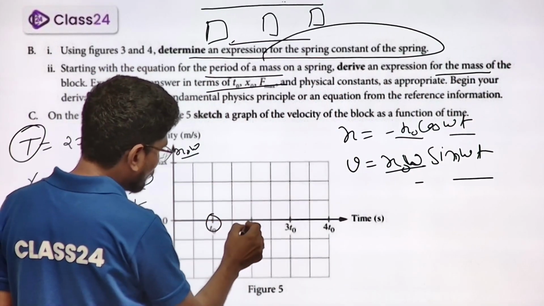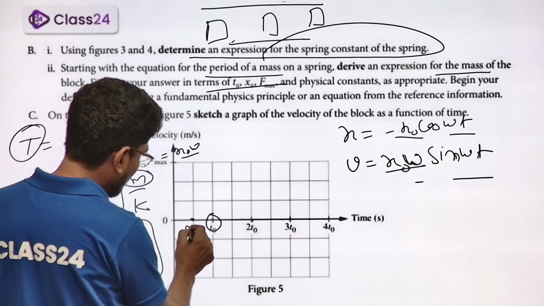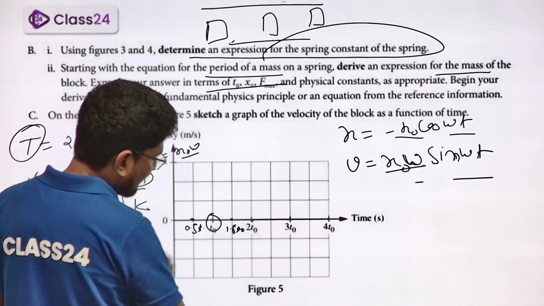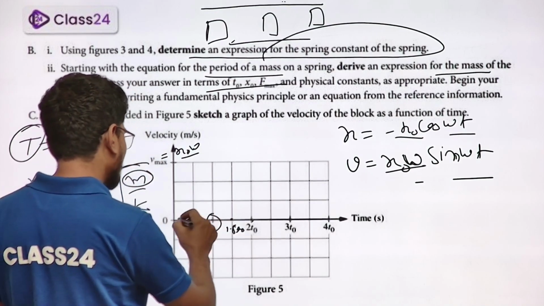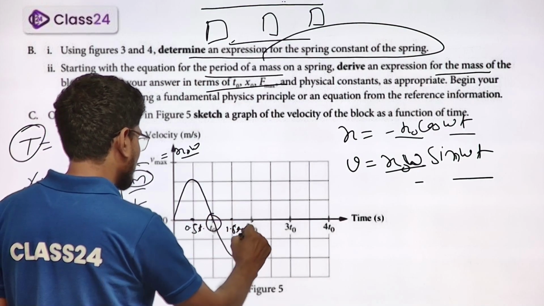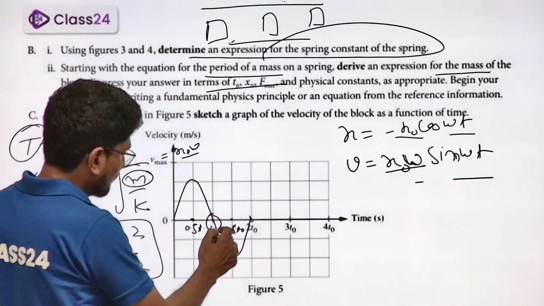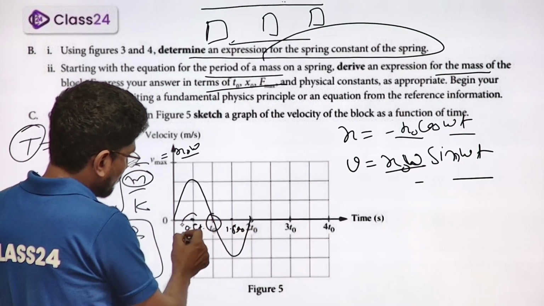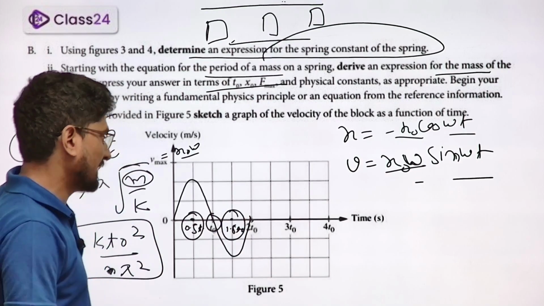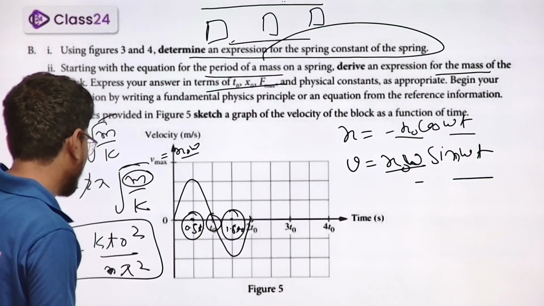So at t naught and 2 t naught the particle will be at rest, and at t equal to 0.5 t naught and t equal to 1.5 t naught the particle is at the mean position, so the velocity will be maximum. So you can draw it very simply like that. So this is the velocity time graph. At 0.5 t naught and 1.5 t naught the velocity is maximum, meaning at the mean position the force is 0. So velocity is maximum at this position.